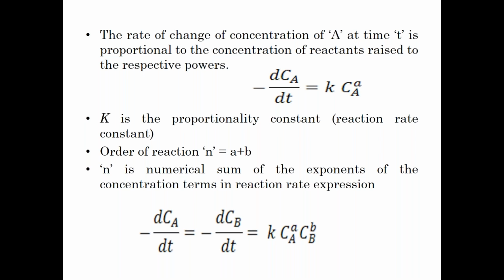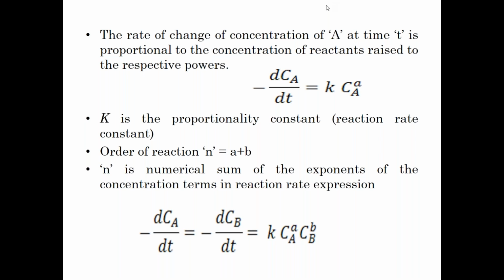It helps us understand the change happening with respect to time, and you represent that change as a differential equation. And what is the kinetic order? We understood it's the sum of the exponents, or the sum of the molecules involved. And there is a constant called the rate constant, or the proportionality constant.